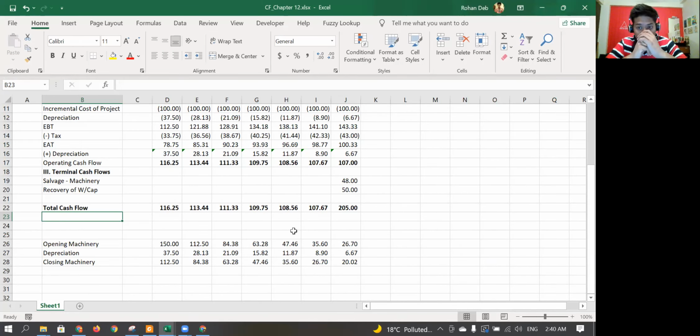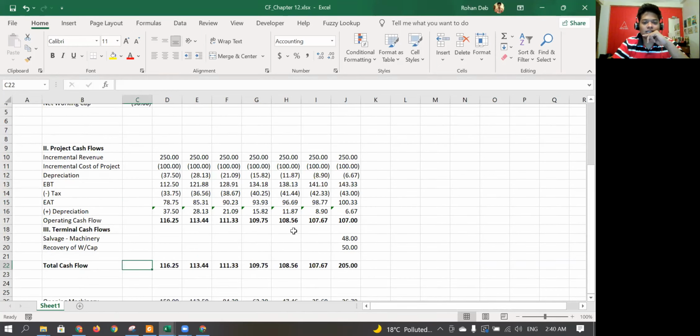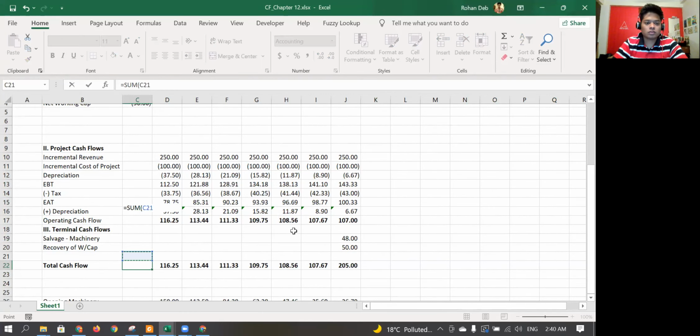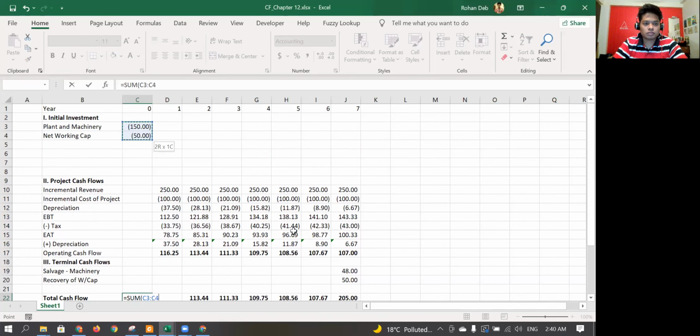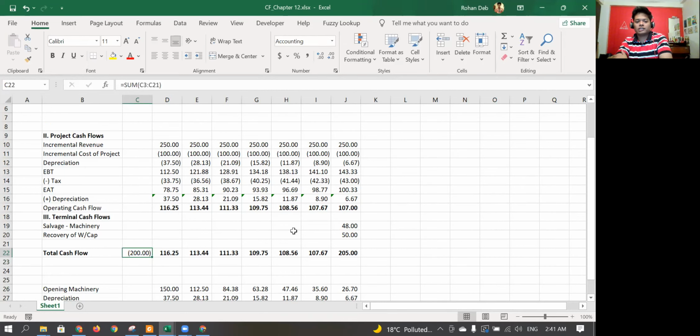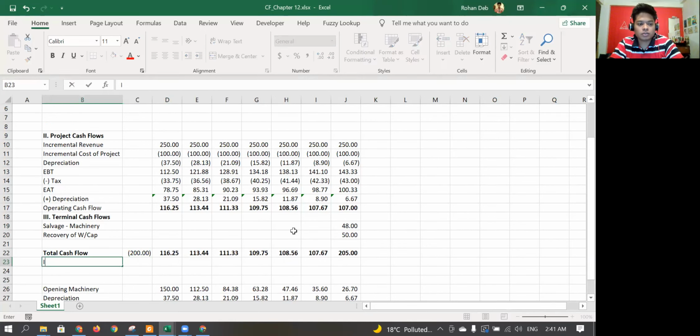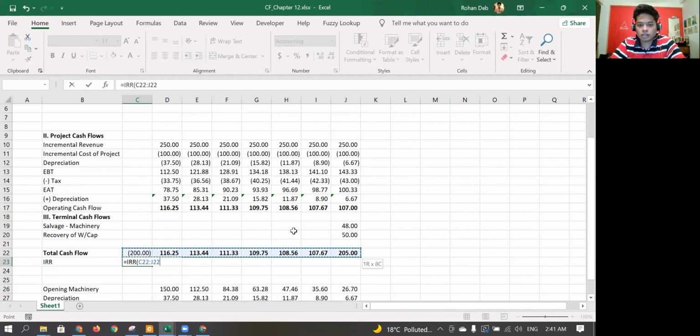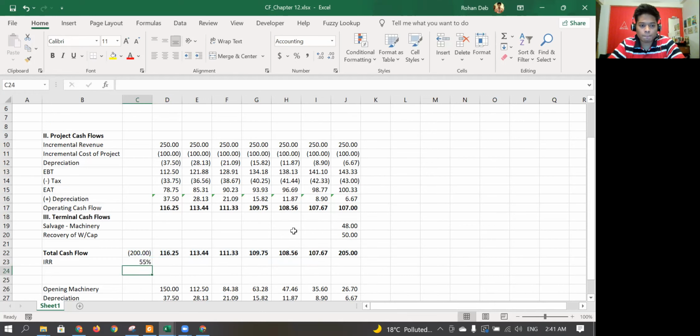To calculate the IRR, I also have to take the initial cash outlay, equal to the sum of all these. You can see I'm investing 200 million in the initial stage, and I'm getting these. Now the IRR of the project will be IRR equal to this. So 55% is the IRR of the project.